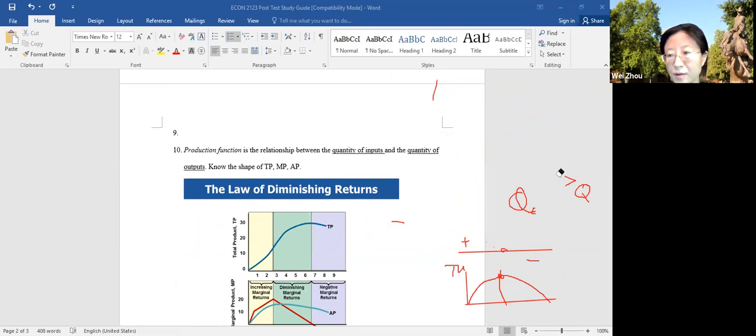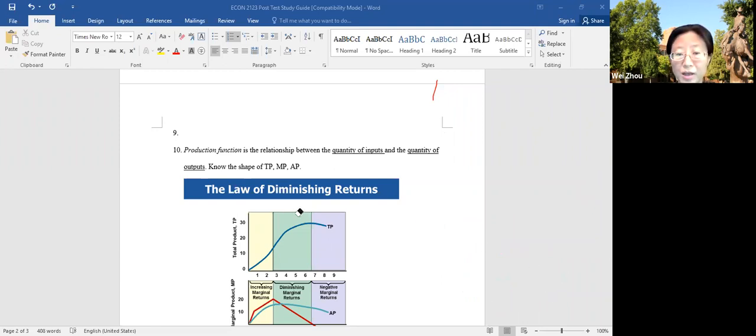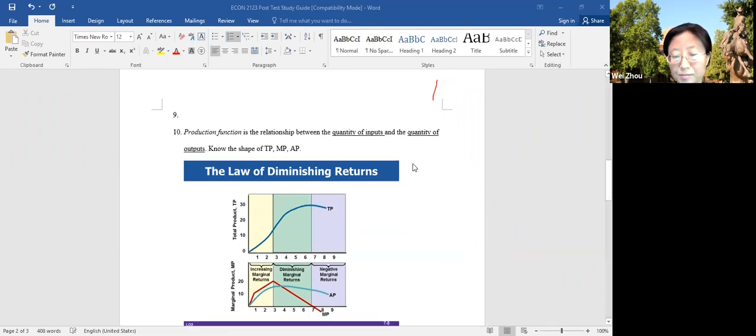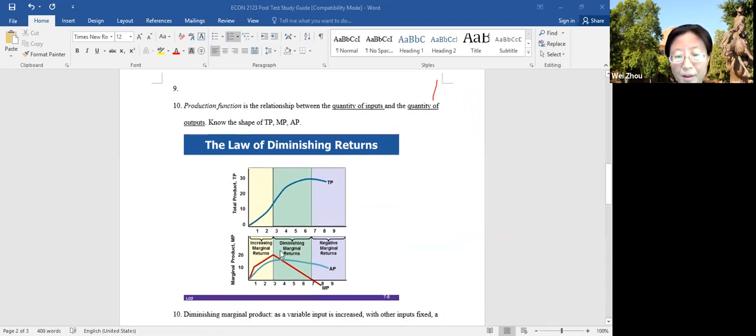So to make it easier, I put the production function here. The production function basically shows you the relationship between how many inputs you use and how much output you generate. And we showed there's a marginal product. It's a similar idea between total product and marginal product.